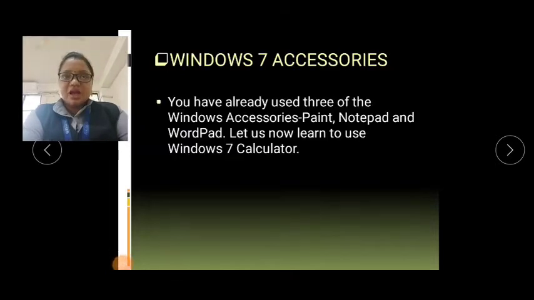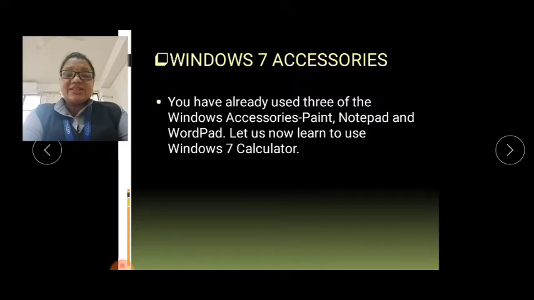Okay, now about the Windows 7 accessories. Accessories means things that you can use for your special purpose. So in Windows 7, accessories is one kind of option. It is given in the start menu, all programs, and then you have to see that accessories option. So what is in that accessories?